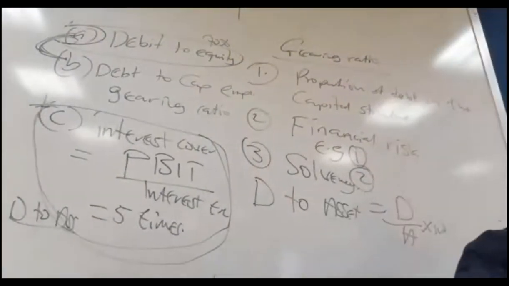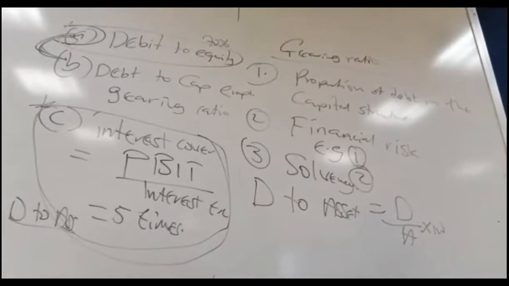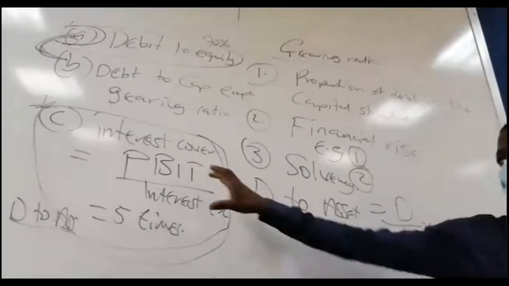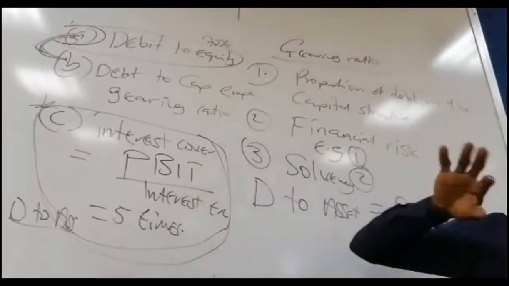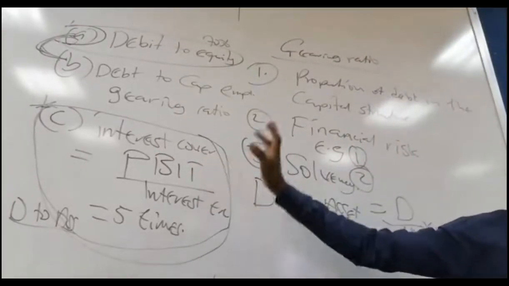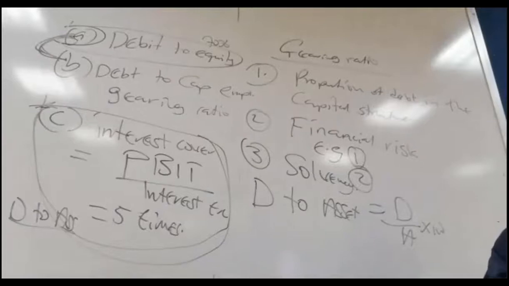That's the debt to assets. It just replaces situations where there's no P and L. If there's a P and L, just pick this one and then move on.